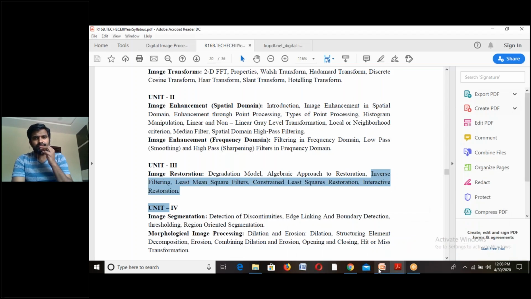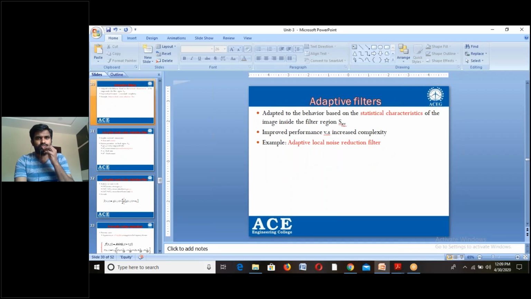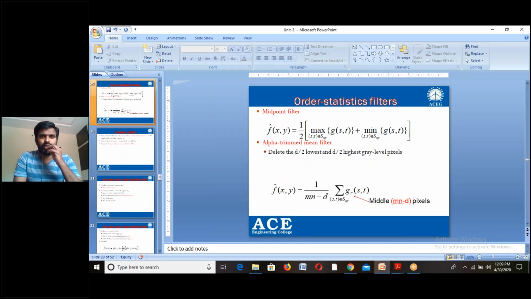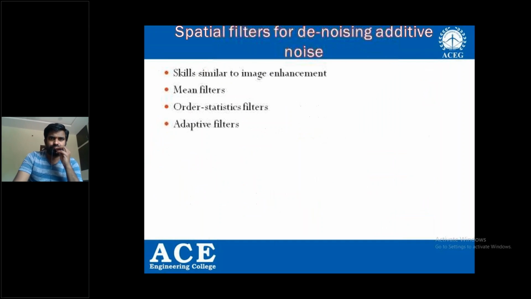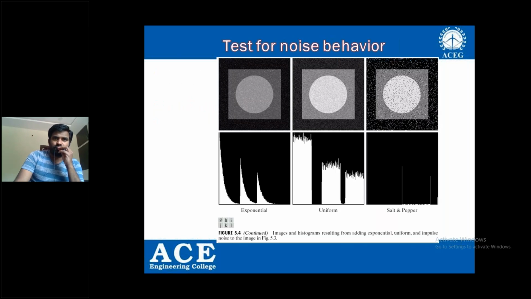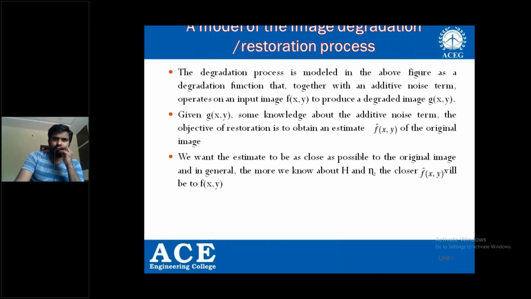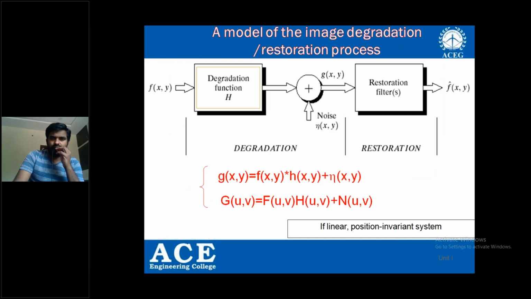So let us start from the last class. In the last class, we stopped at the order statistics filter. Let me revise for 2 minutes. We saw different types of noise, what the degradation model is, and how to represent the degraded image by using the degradation function.